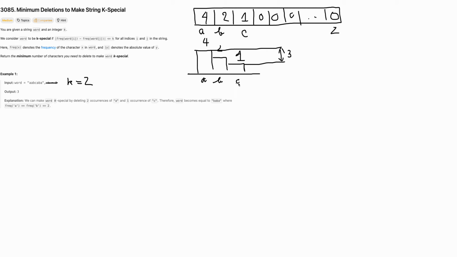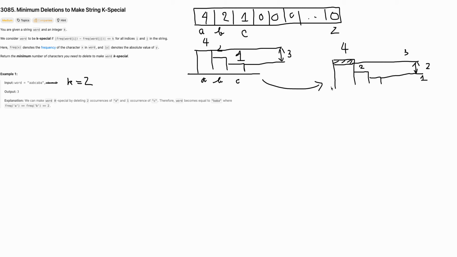So we have some strategies for this. Okay, so the first strategy is we delete the frequency of A by 1, right? And then we have this one is 3, this one is 1, and then we can see the gap is 2.